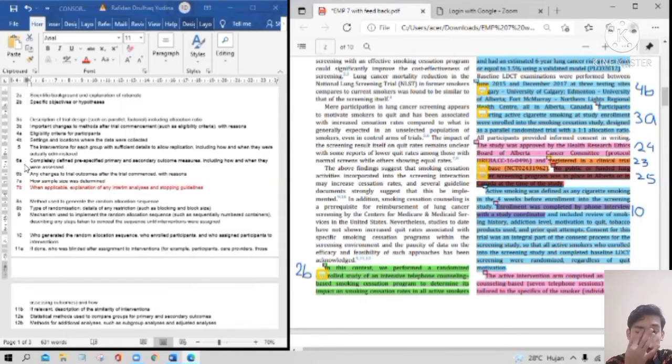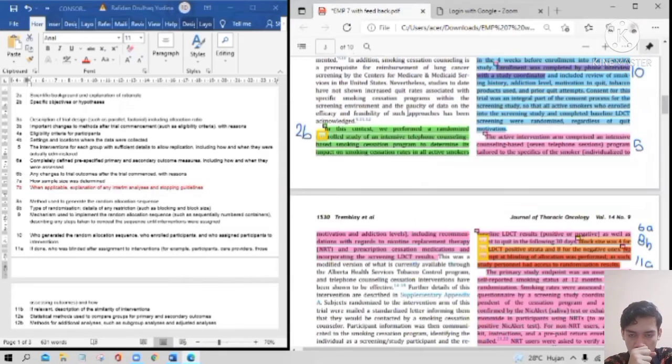And for number 5, the interventions for each group with sufficient details to allow replication, including how and when they were actually administered. I'm sorry. You can see in the paragraph there is the word intervention.